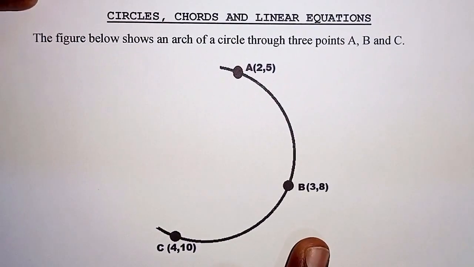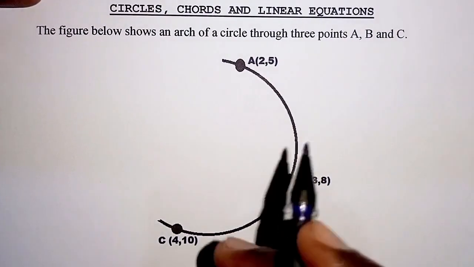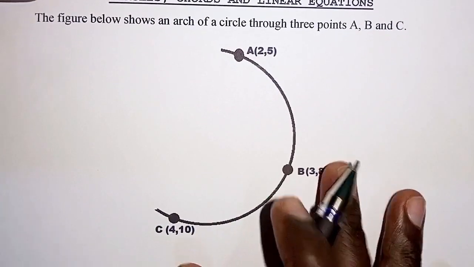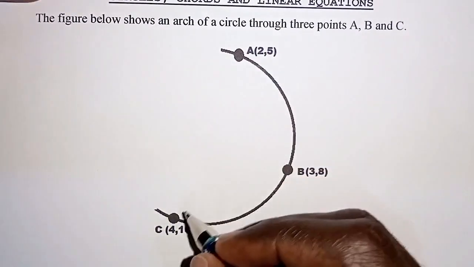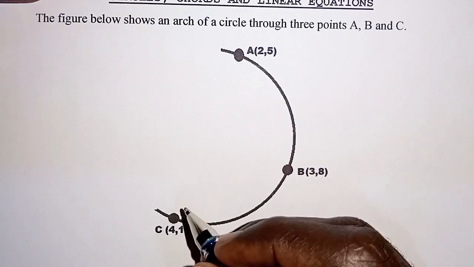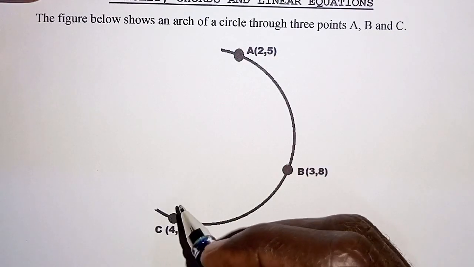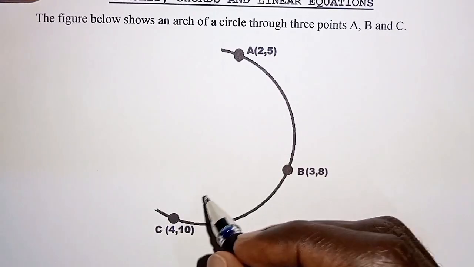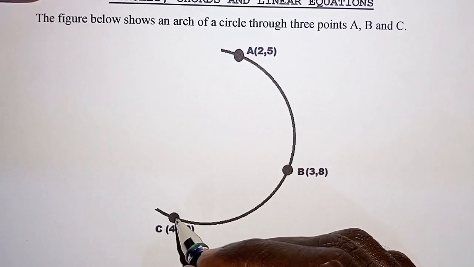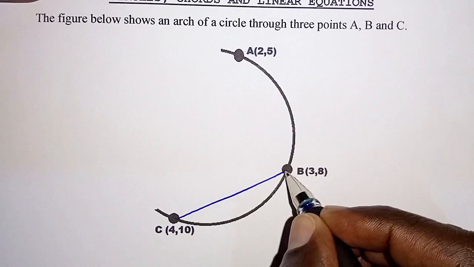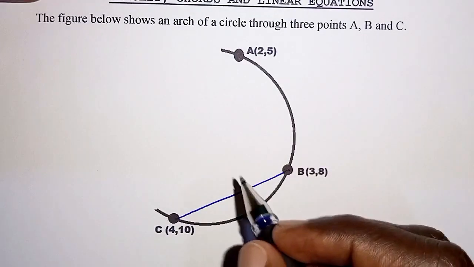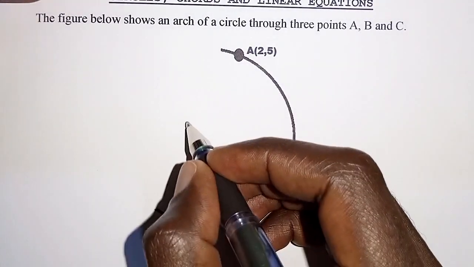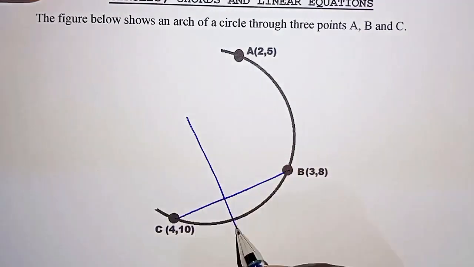So in this question, we are going to apply a property that states that the perpendicular bisector of a chord in a circle passes through the center of the circle. So if we consider chord CB, then the perpendicular bisector of this chord will have to pass through the center.